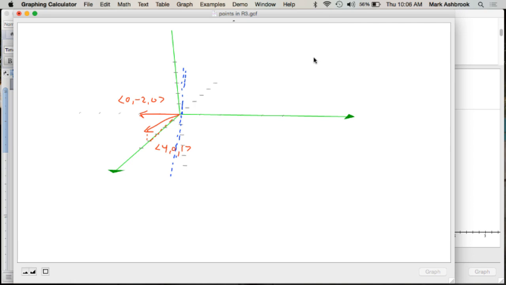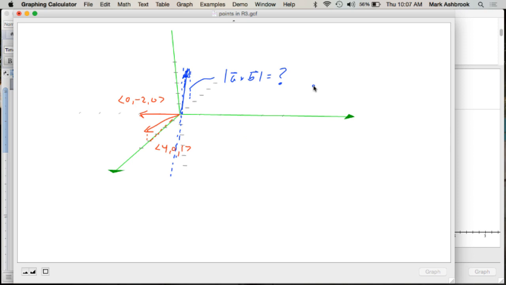Now, what was that magnitude? So here's going to be the cross product, going back into the board, right? Like this. So what's the magnitude of that vector? What do you notice about the first two vectors? They're orthogonal, right? Those are perpendicular vectors.